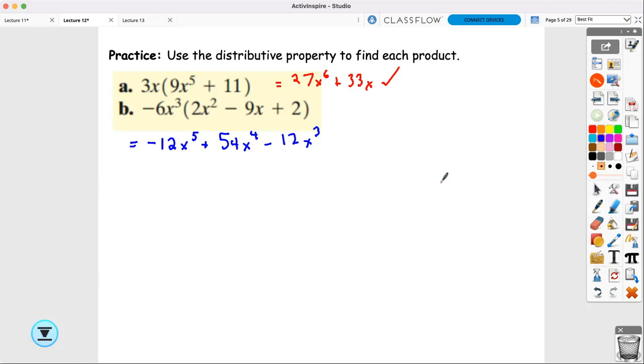All right, is there anyone still typing in their answers before I move on? So if you got negative 12x to the fifth plus 54x to the fourth minus 12x cubed, you are correct. So far, multiplying is not too bad, right?